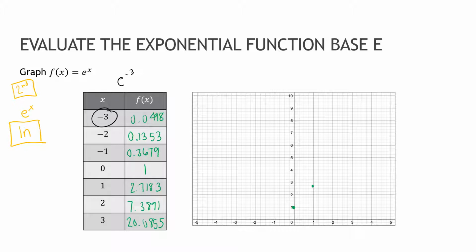Let me recopy my point. -1 was at about right here. I think I'm fat fingering this. -2, -3, so we got a curve that kind of looks like this. So we get the basic idea.